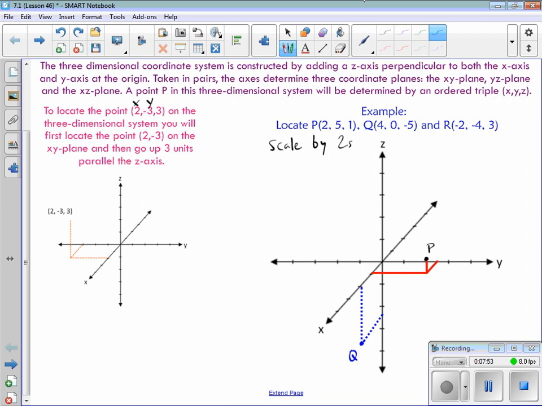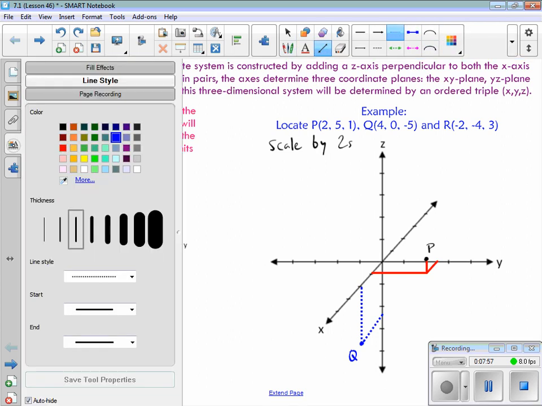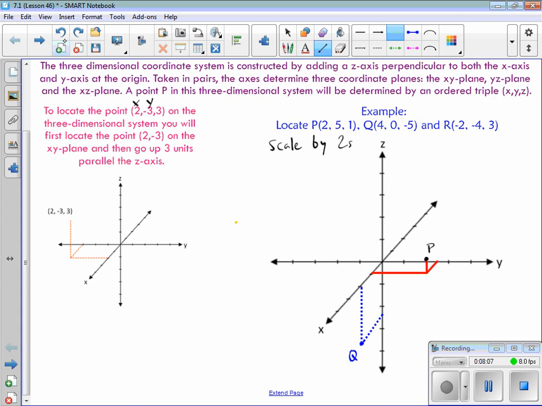Okay, the last one here is R. So let's just do that in a different color. So let's go with a yellow or something here. Okay, so last one, the -2 means I'm going back, right? So I'm going back 2 units. And then I'm going to left 4. So going to left 4 is this much.